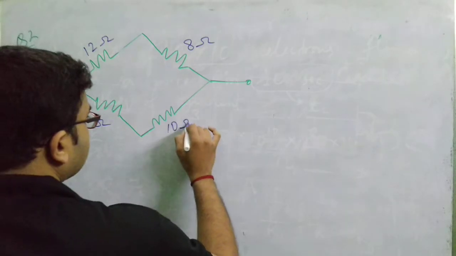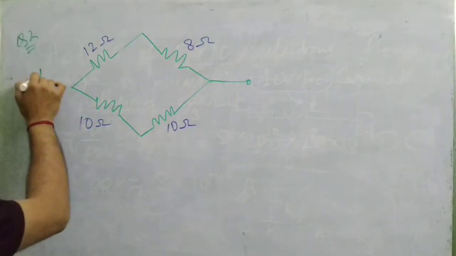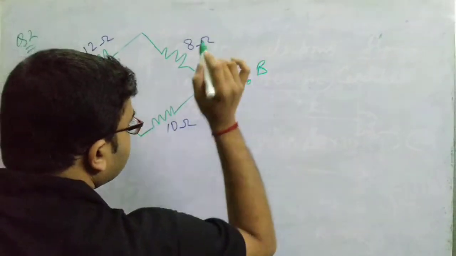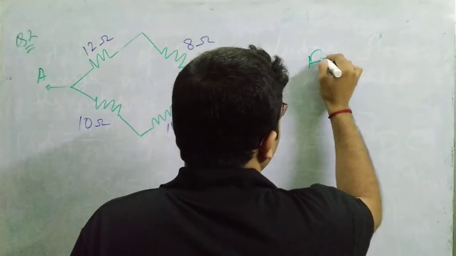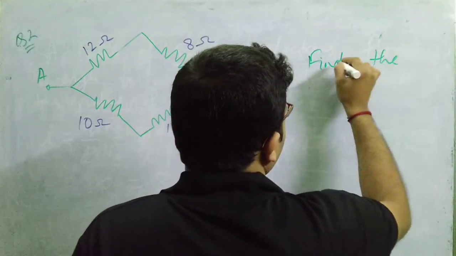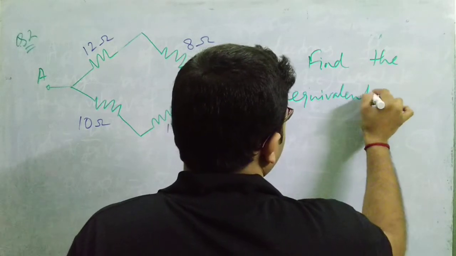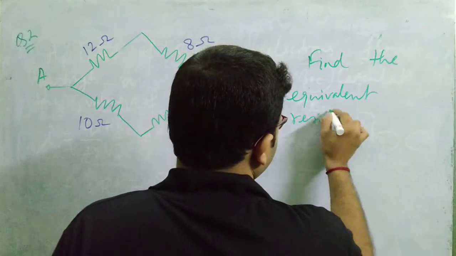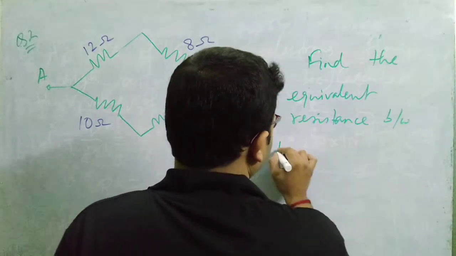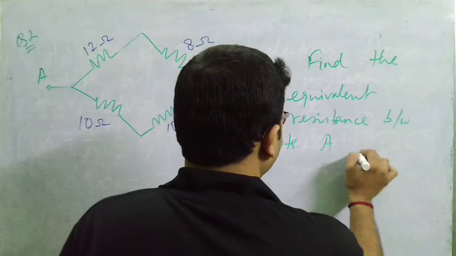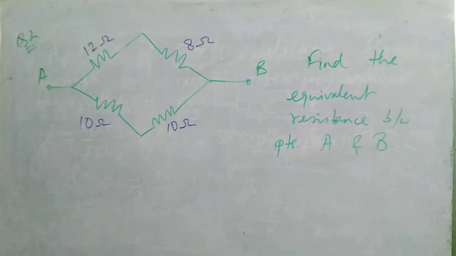And here is 10 ohm. What you have to do is find the equivalent resistance between these points A and B. Okay, note down the question: find the equivalent resistance between points A and B. Okay, so this is the question.